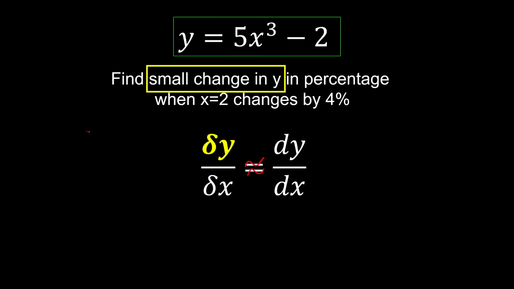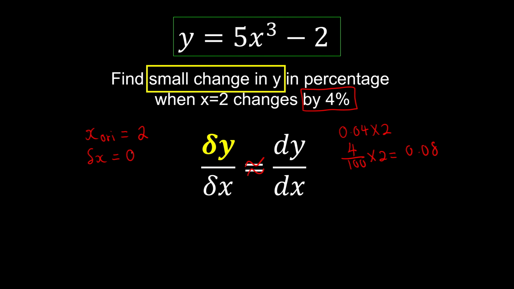So our original x is 2 and our delta x is a change of 4%. How do we find 4% of 2? 0.04 times 2. If you forget, just remember back to primary school: 4% is 4 over 100 times 2, which gives 0.08.